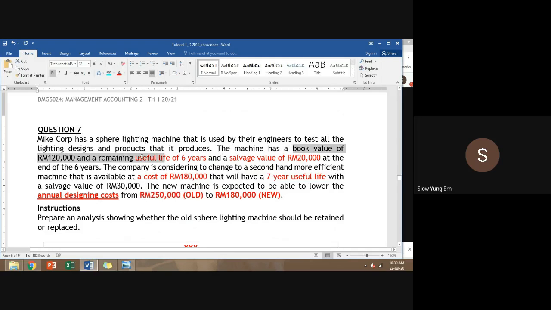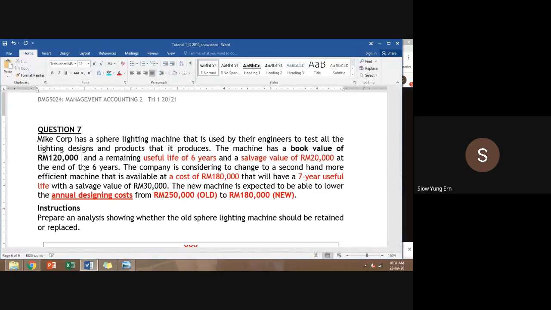Book value, 120,000. Do you need to use this and why? Book value of 120,000. Correct? No. You don't need to use this book value. So why? Correct. It's a sunk cost. Book value is a sunk cost.